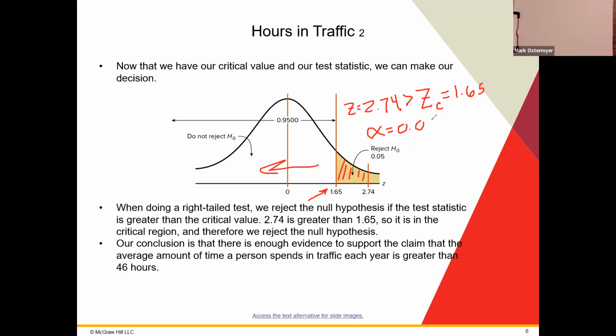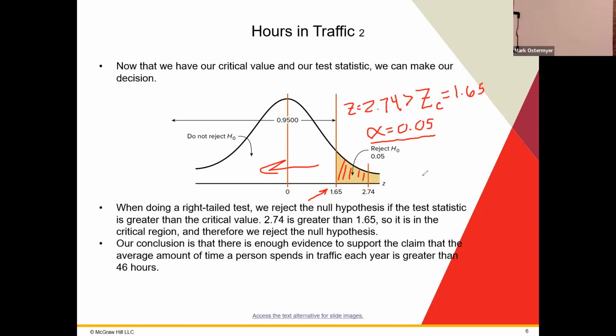That's the level of risk that we will have to fathom in making this bold conjecture and saying that the mean number of hours that everybody spends in traffic tie-ups is greater than 46 hours. We only stand a 5% chance of committing a type 1 error.